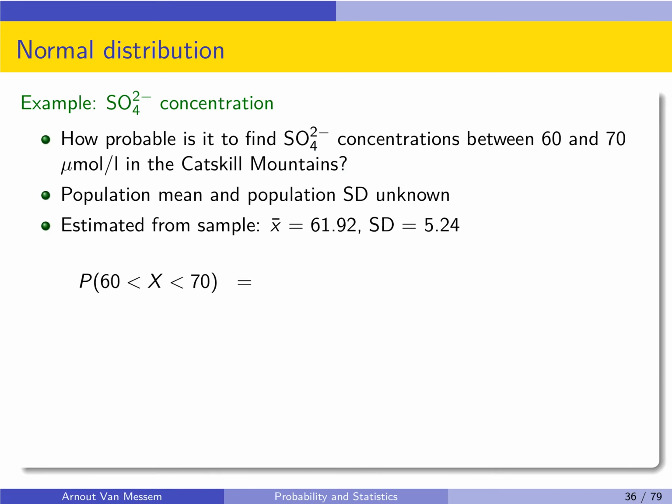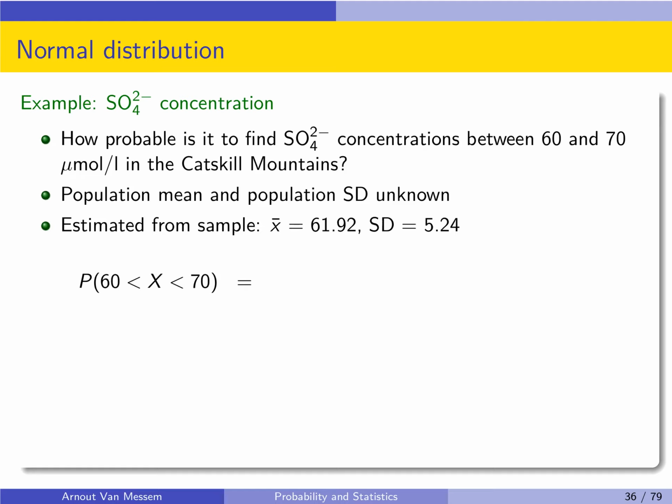Within the same example, we could be looking for the probability to find concentrations between 60 and 70 micromolars per liter. So here in this case, we will apply the normal distribution to calculate the probability. We will assume that the data are normally distributed, but the population mean and the population standard deviation are unknown.